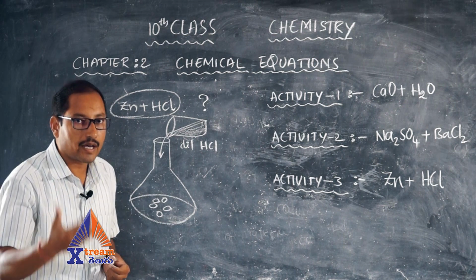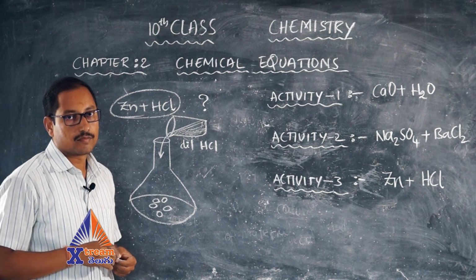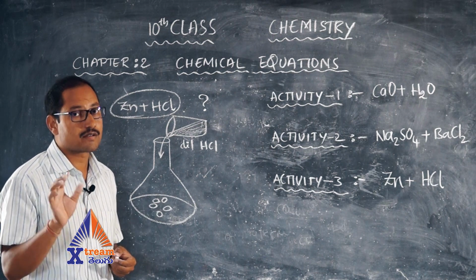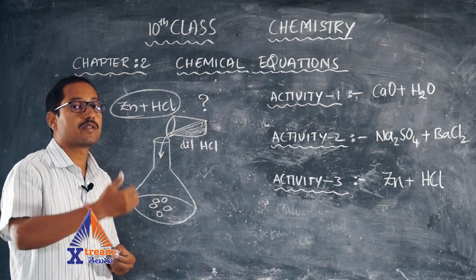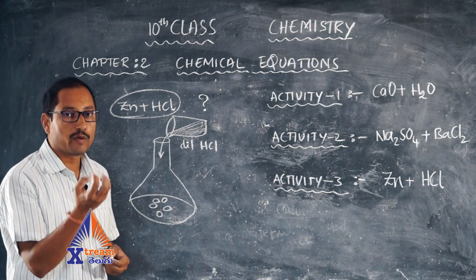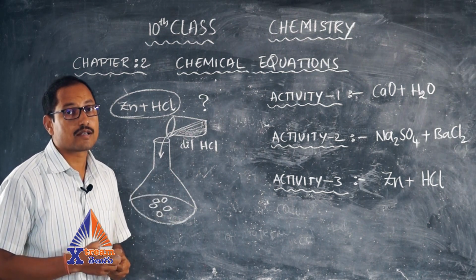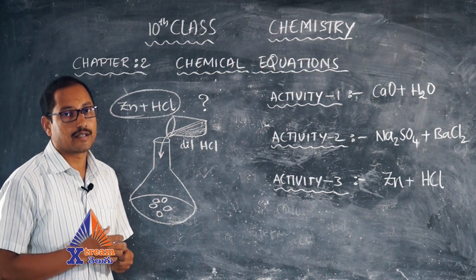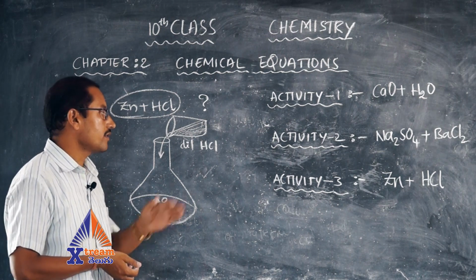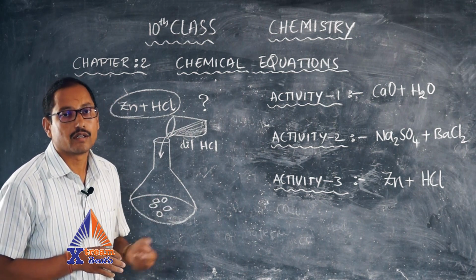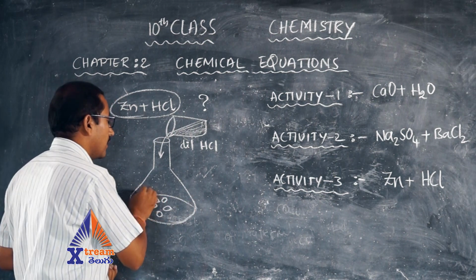What is the meaning of dilute? Dilute means it is not pure, it is not concentrated, it has been added with some water. So pure HCl, when it is added with some water, is called dilute HCl. We are taking the dilute HCl and adding it into the conical flask.